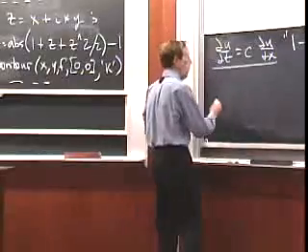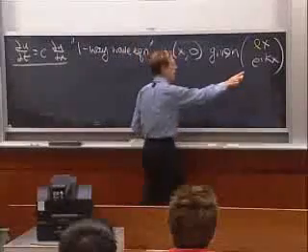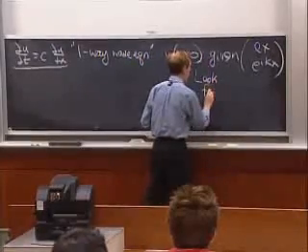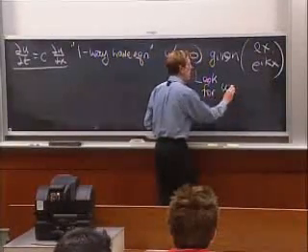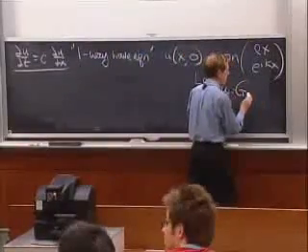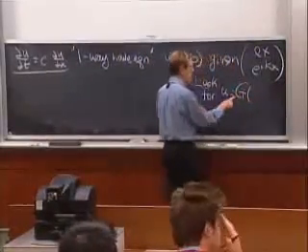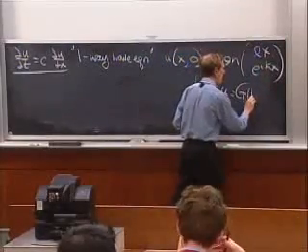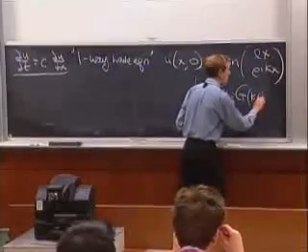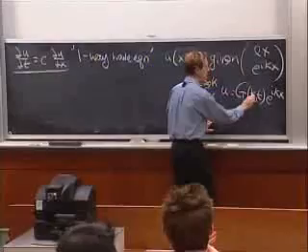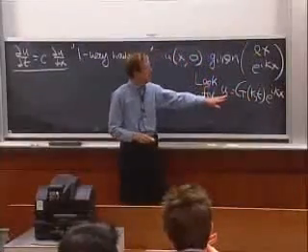I can look for the solution u to be a function times, or a number really, but it will depend on the frequency k and the time t, times e to the ikx.